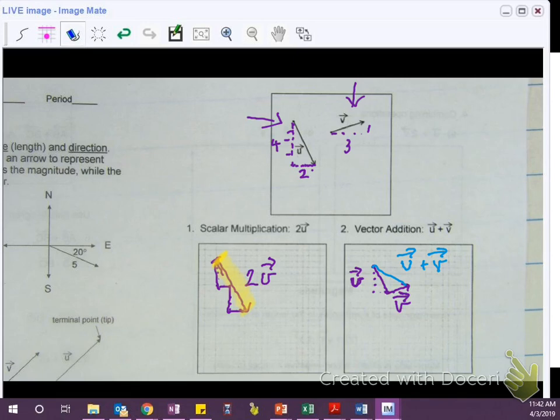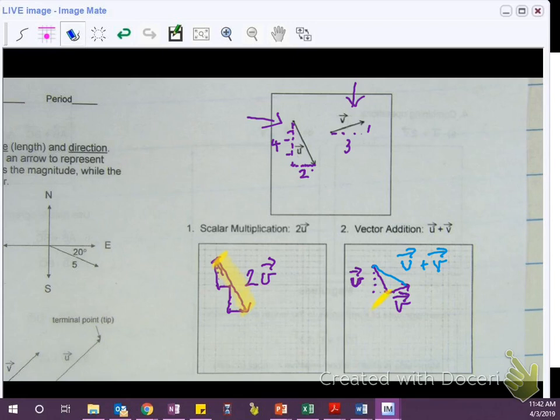Then for U plus V, I have to draw U first, then V, then from the tip of the first one, I draw the second one.